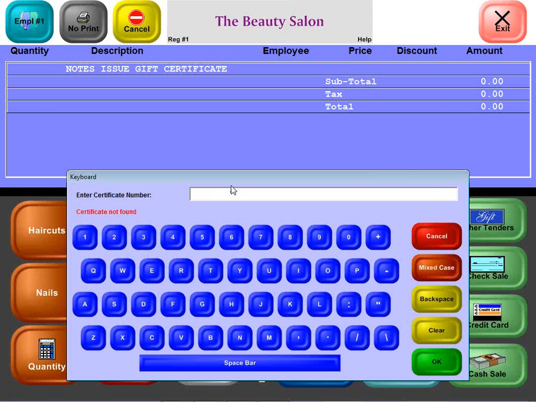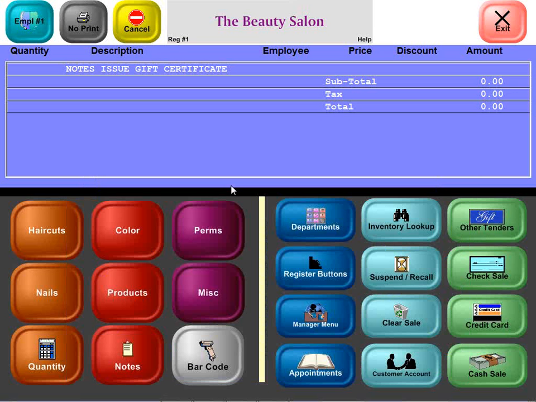It's not finding those gift certificates I just created, but normally what would happen here is you would, okay, sorry about that. Normally what would happen is at this point you'd put in the gift certificate number, and then it would say, okay, tell me how you would like to pay for that. And you could pick any of the normal tender types, and at that point the gift certificate would be issued.